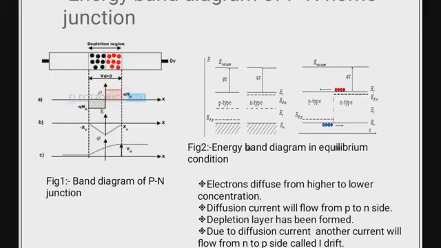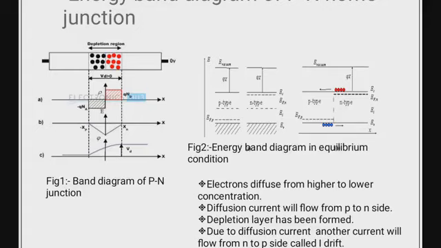Now the second diagram, the B diagram, we have seen that the electric field is basically the integration of rho x dx upon epsilon.